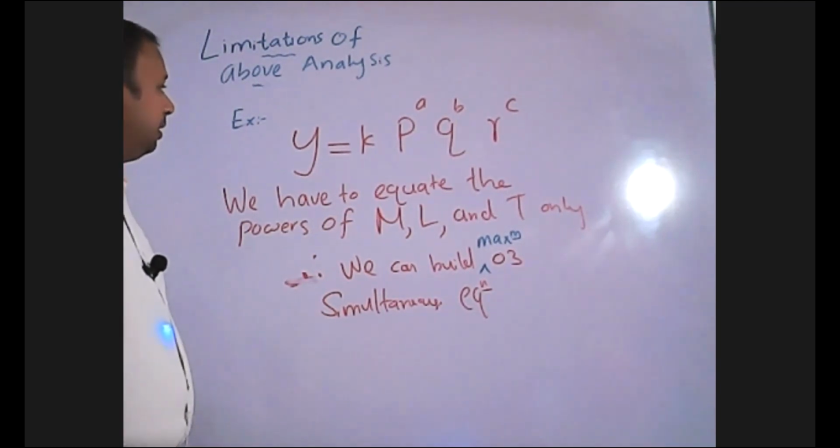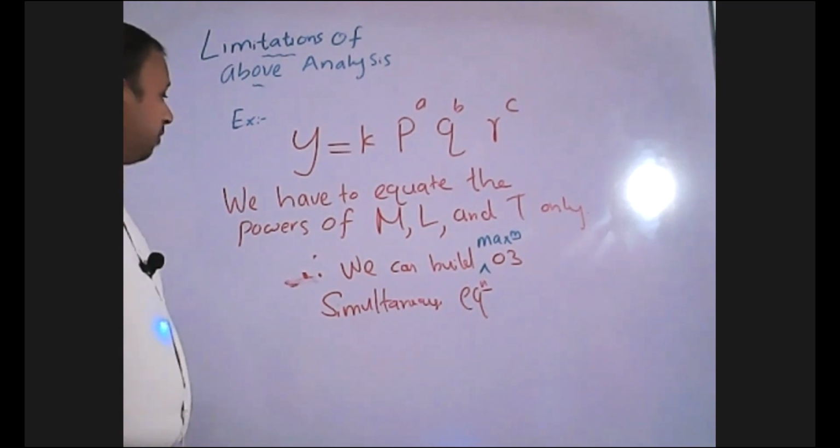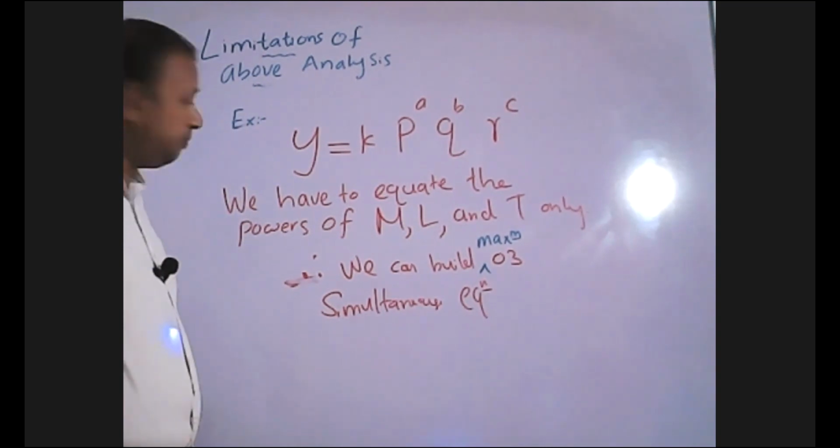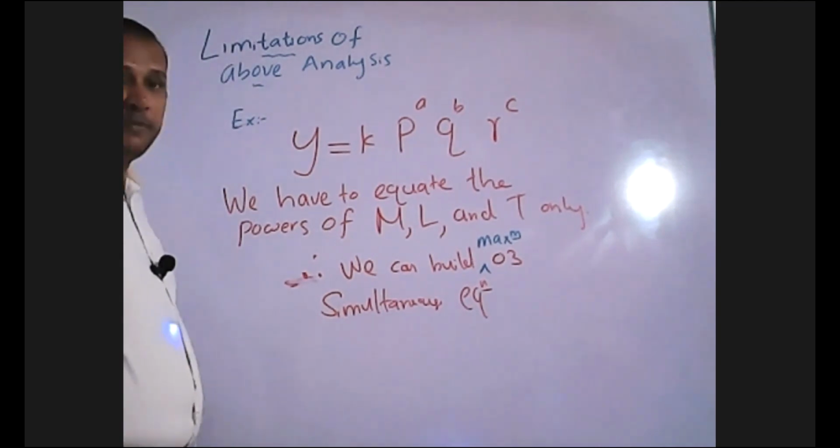Y is equal to K into P to the power A, Q to the power B, R to the power C. We have to equate the powers of M, L, and T only. Therefore, we can build a maximum of 3 simultaneous equations.